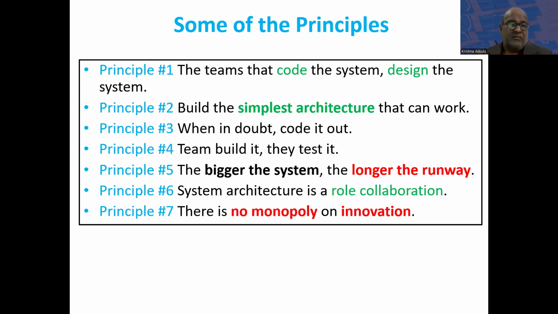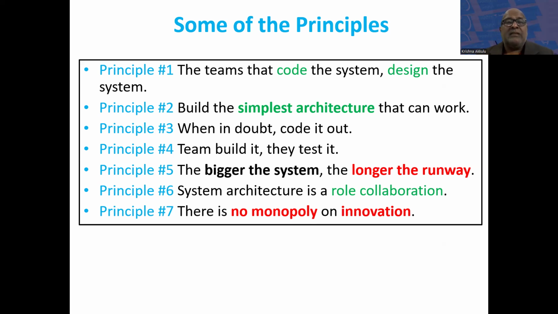If the system is very big, then the runway will also be very long. The bigger the system, the longer the runway. So we are never able to see the working software or the working product. That's why they always take an incremental approach, take small chunks, develop that and see that everything is working.